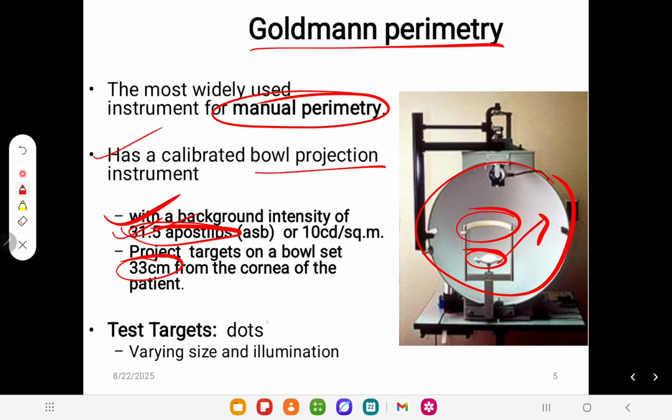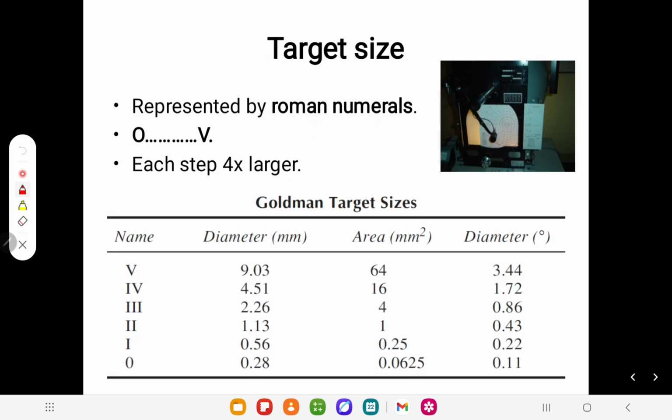The target is a dot, and the dot has varying size and illumination. We are definitely going to talk about this.